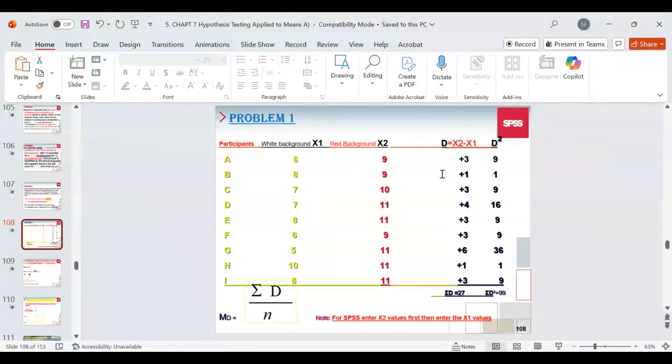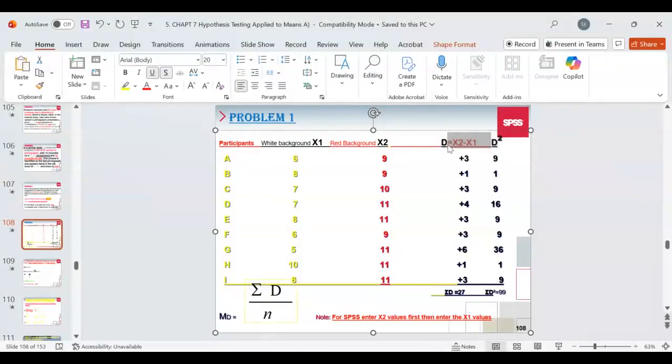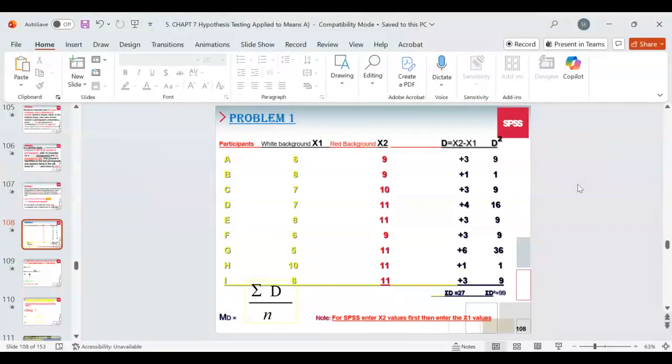Your fourth column is D. D is the difference that you can see on top, X2 minus X1. So let's say 9 minus 6 is 3, 9 minus 8 is 1. So those are the values of D, the difference.